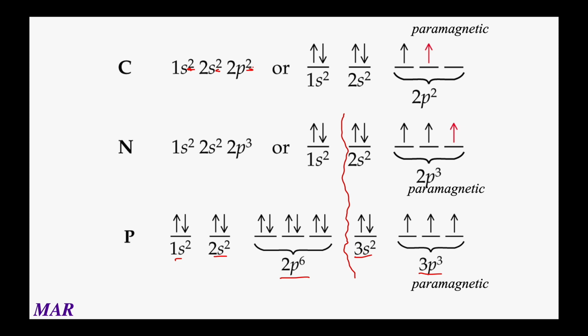Both nitrogen and phosphorus have s2p3 outermost electrons. For nitrogen, it's 2s2, 2p3. For phosphorus, it's 3s2, 3p3. That similarity we'll talk about here in a little bit. But regardless, phosphorus is also a paramagnetic atom because of the unpaired electrons.